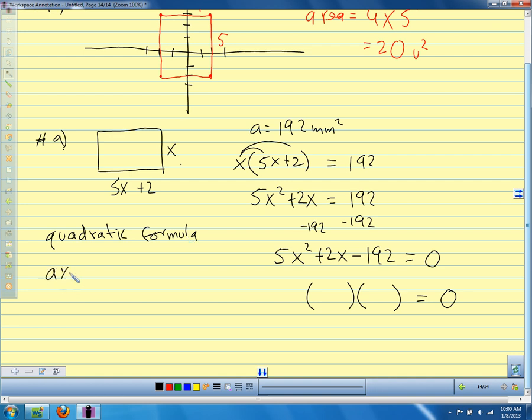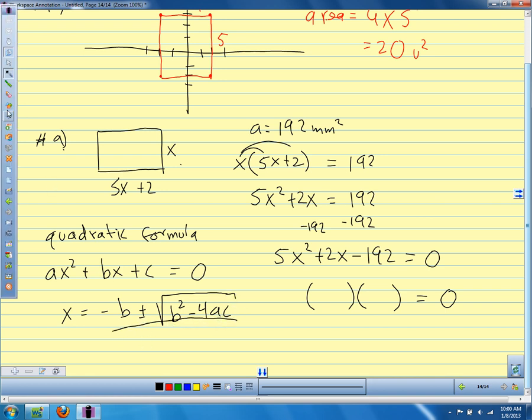When we have an equation, ax squared plus bx plus c equals 0, x equals negative b plus or minus the square root of b squared minus 4 times a times c, and everything divided by 2a.